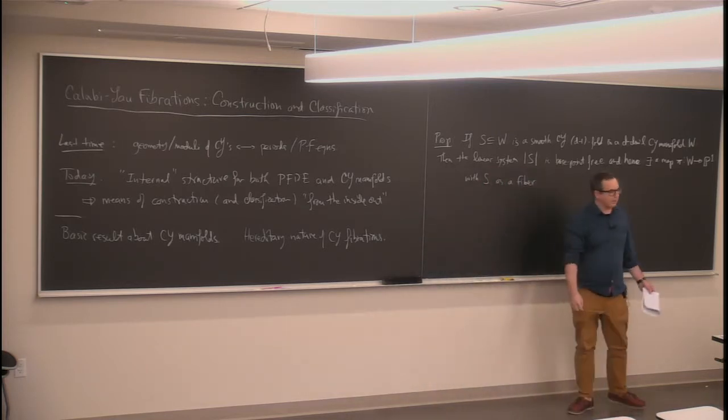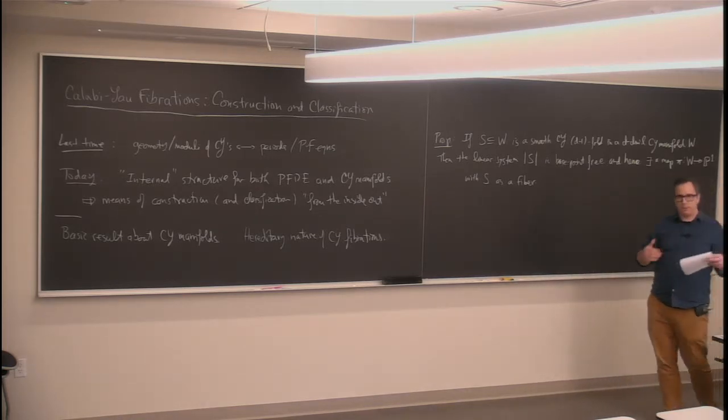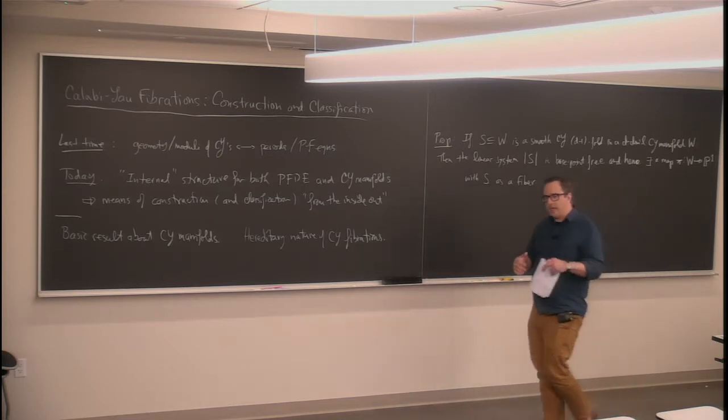Okay, so what does that mean? That means if you have a Calabi-Yau submanifold in codimension 1, you actually have a fibration.